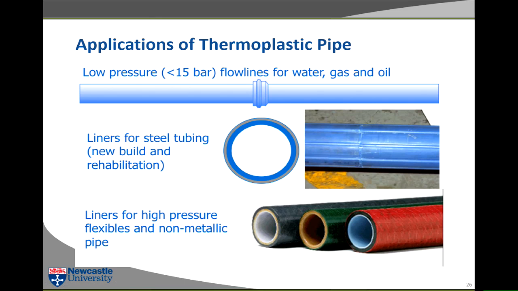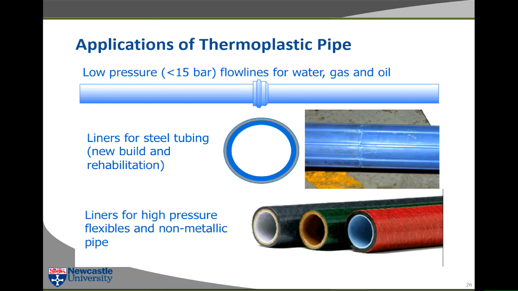You can take a carbon steel tube and a fluid which would normally be highly corrosive to it, and make it viable just by installing a thermoplastic liner. You can also use thermoplastic liners to rehabilitate existing steel piping if it's badly corroded. That's actually a major business area now for thermoplastic pipes.